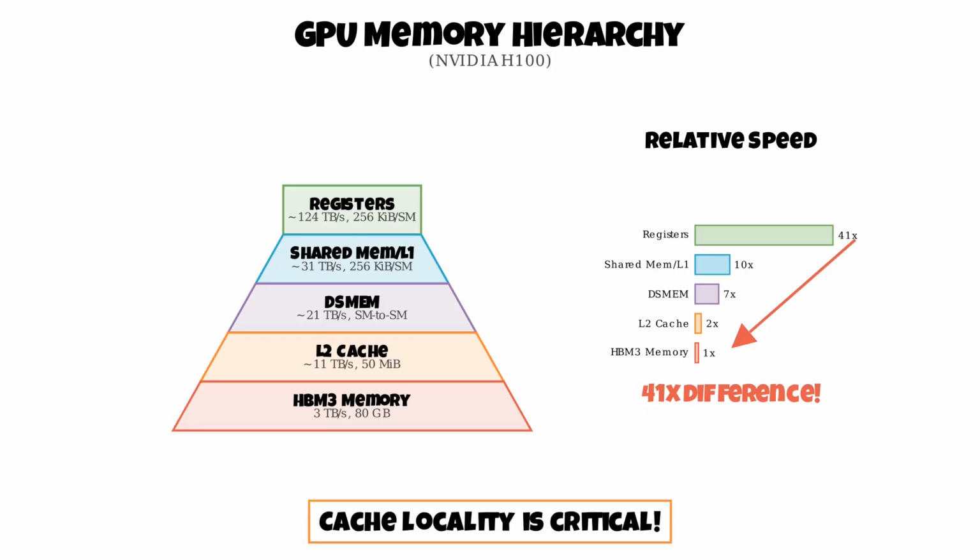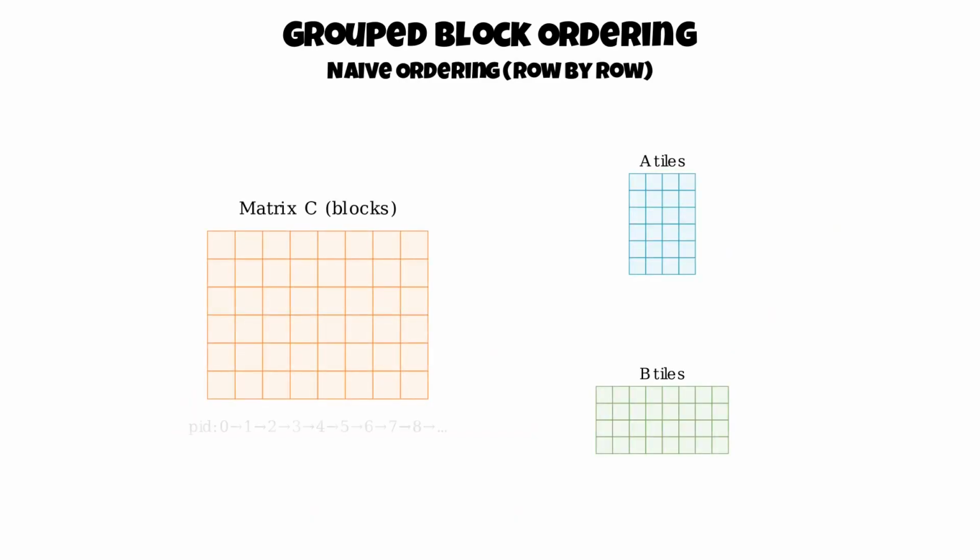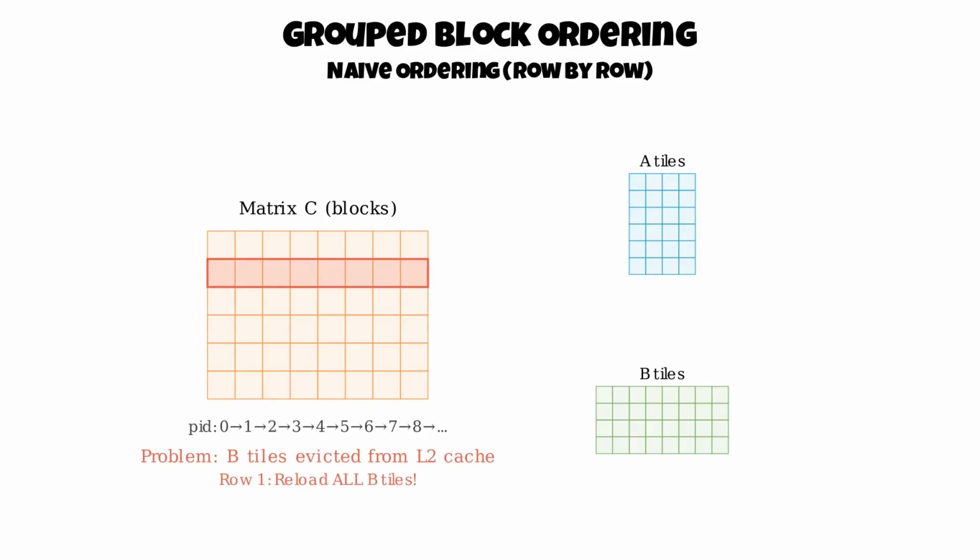The order in which blocks are processed matters for L2 cache hits. The basic implementation processed blocks row by row, block 00, 01, 02, and all the way across. But by the time we get back to a similar part of matrix B, the L2 cache has already evicted that data.